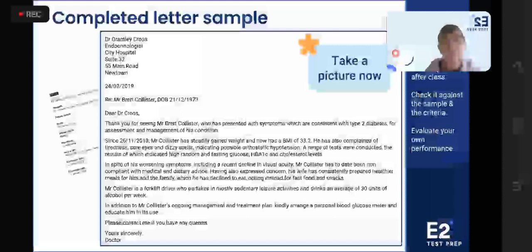A range of tests were conducted, the results of which indicated high random and fasting glucose, HbA1c, and cholesterol levels. So everything is high, so they've just listed them. Very concise writing.